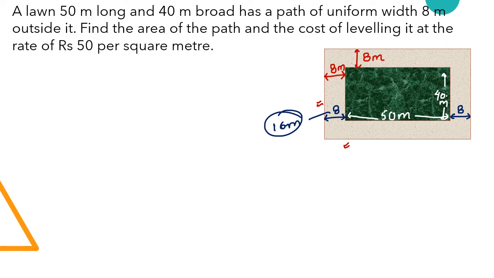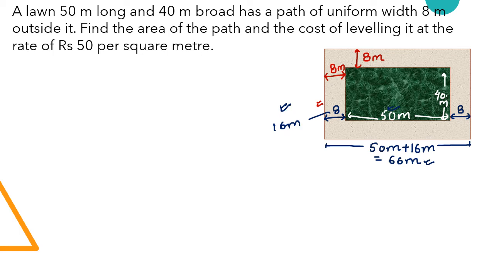So the length of the outer rectangle will be 50 meter, that is the length of the lawn, plus 8 plus 8, 16 meter length of the path, that is 66 meter. Therefore, the length of the outer rectangle is 66 meter.